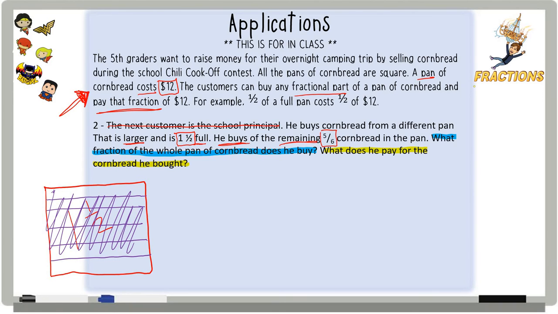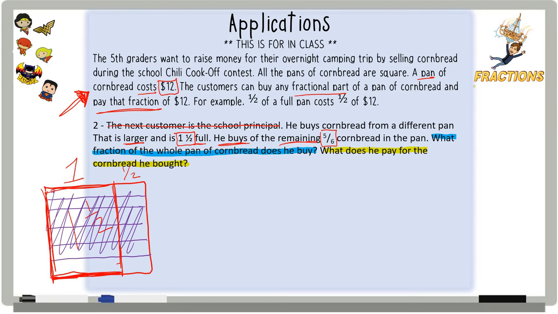So again, let's say that this is a full pan right here. Okay, so this is a full pan. So here's your 1, and here's your 1/2. Okay, and we're looking at 5/6 of that.